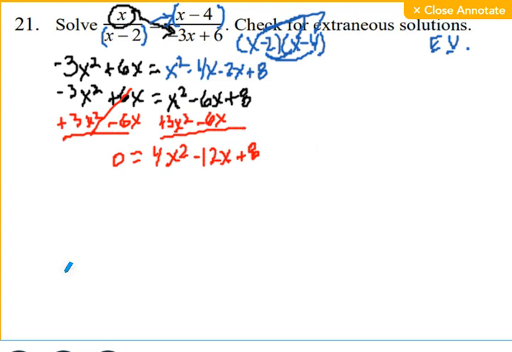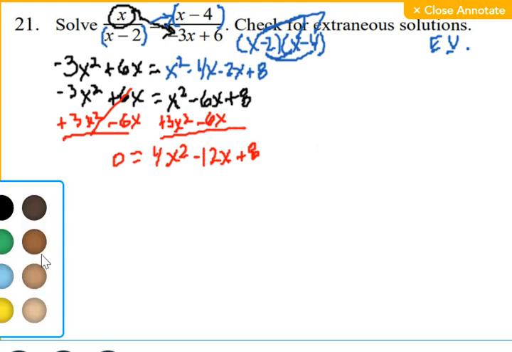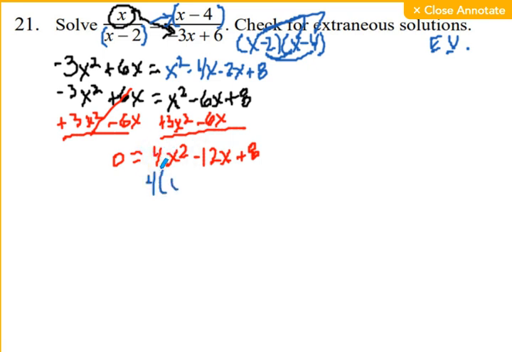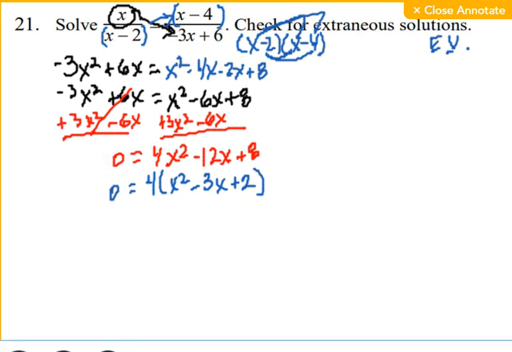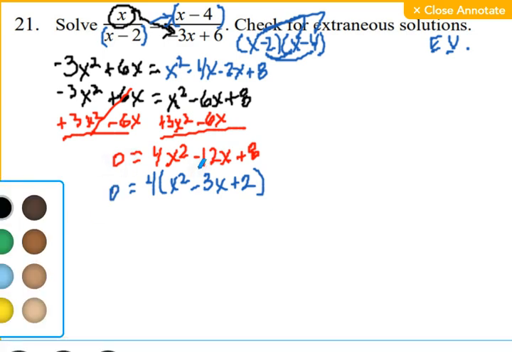All right. So by looking at it, let's look at the right side. Is it in standard form? Yes. Is there a GCF? Yes, which is 4. We're left with x squared minus 3x plus 2, all that equal to 0. Can we factor that trinomial inside of the parentheses?